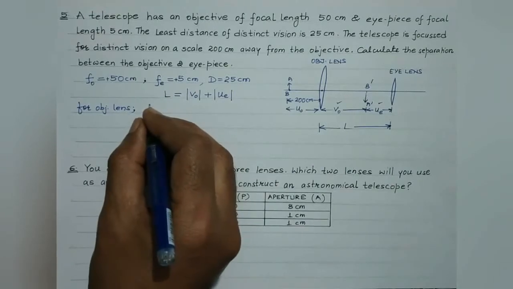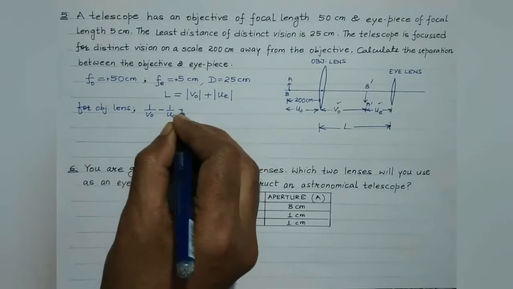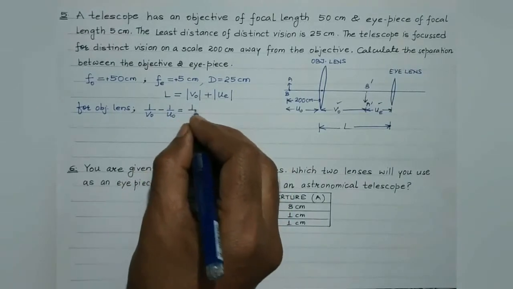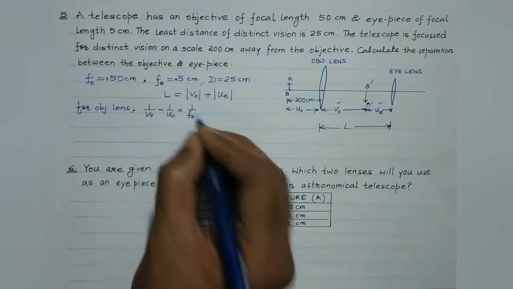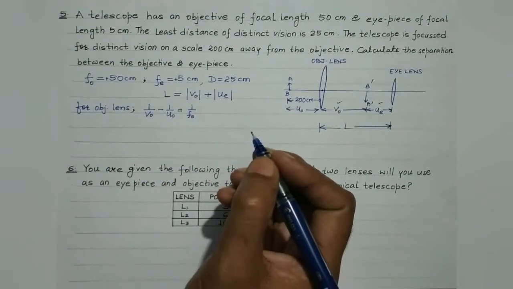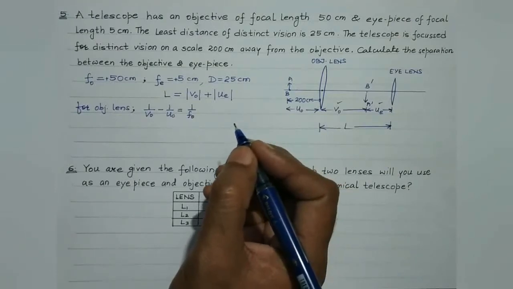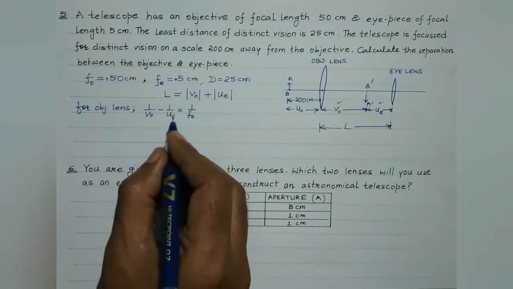For object lens, we are aware 1 by V0 minus 1 by U0 is equal to 1 by F0. Clear, students? So, let's substitute the value and get the value of V0 first.